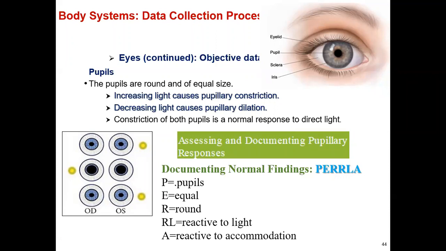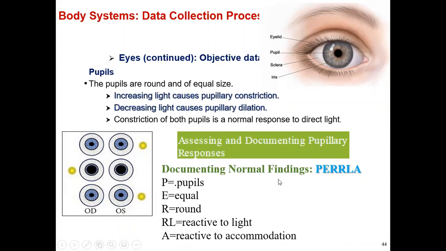Also, reactive to accommodation for near or far vision. So an easy way to remember: P for pupil, E for equal, R for round, RL for reactive to light, and A for accommodation.